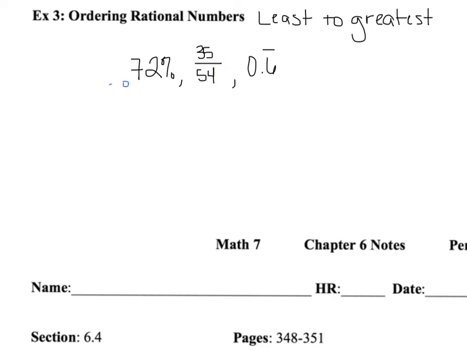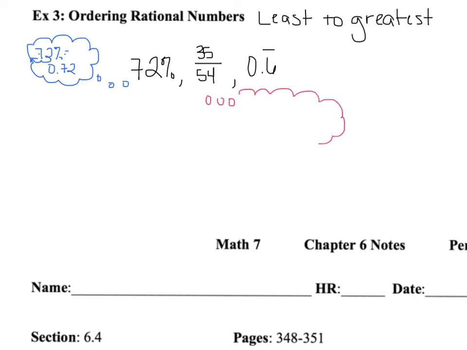Okay, so remember when we were doing 72%, to change it to decimal form, we're just going to take the decimal at the end of 72 and move it 2 places to the left. So 72% is the same thing as 72 hundredths. And 35/54ths is a fraction.